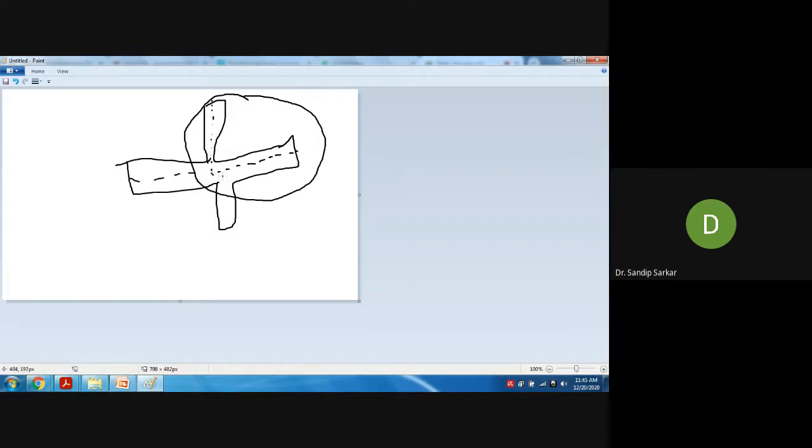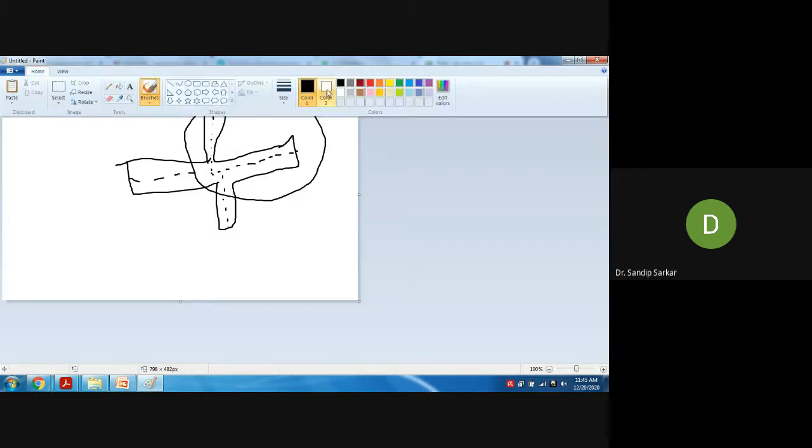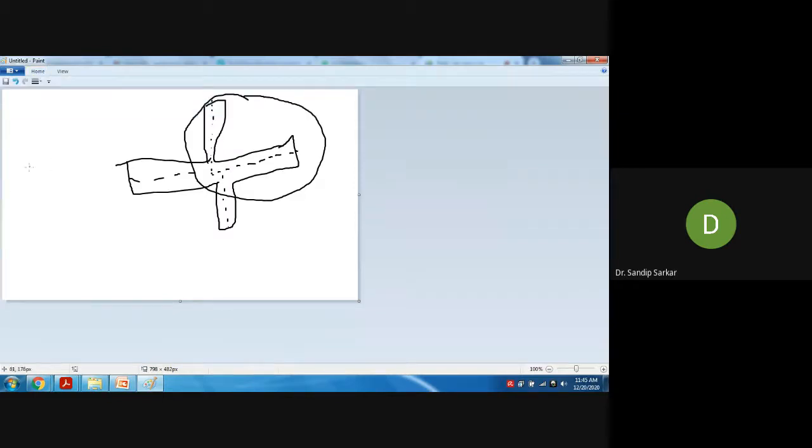Because all parts are symmetric, you can choose only up to this. If you solve your problem there, that will be sufficient.